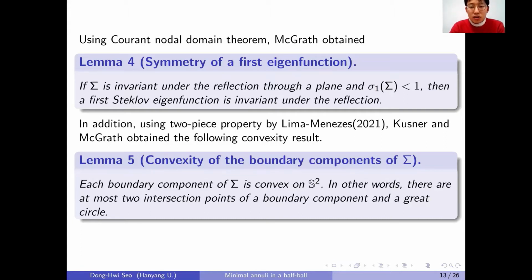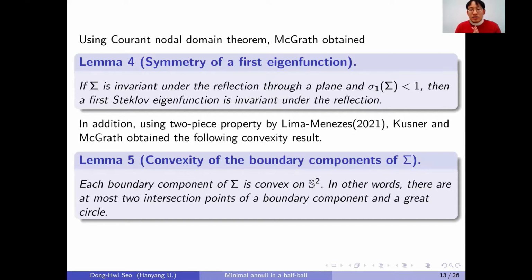After this work, in 2020, or this was published in 2021, Lima and Menezes observed the two-piece property for free boundary minimal surfaces in a 3-ball. Actually, it should be embedded.